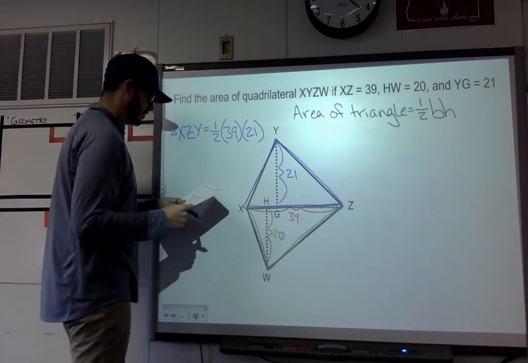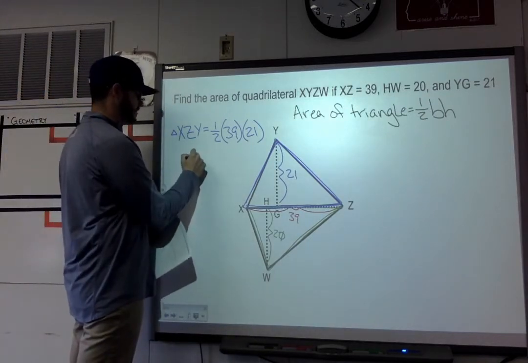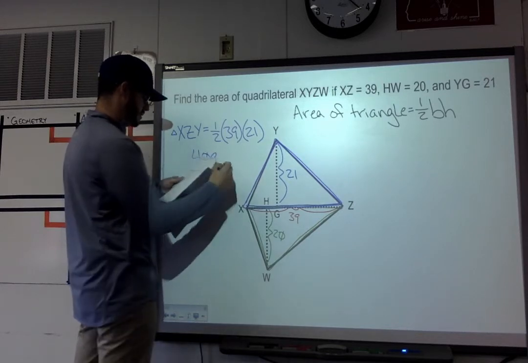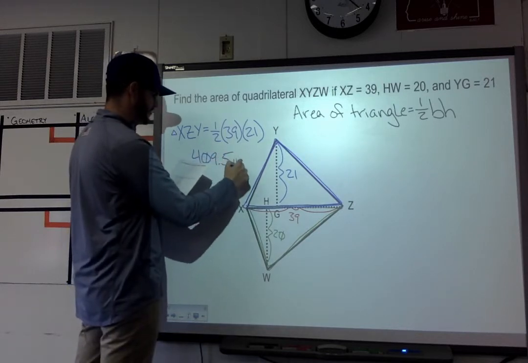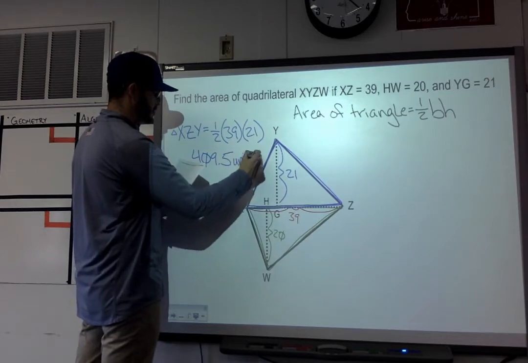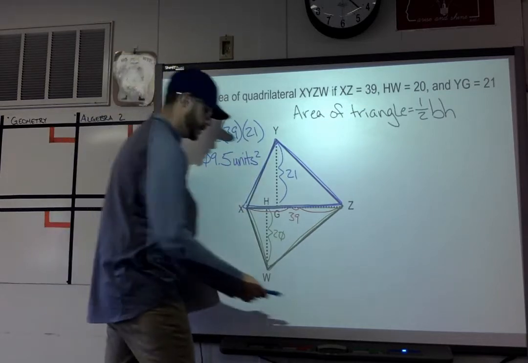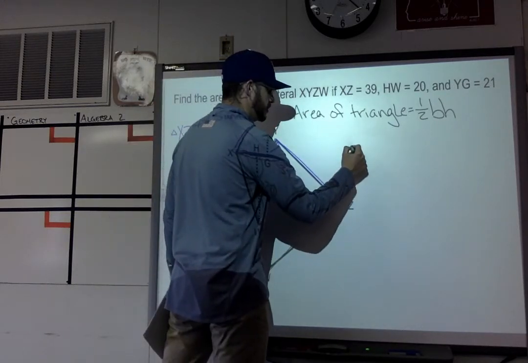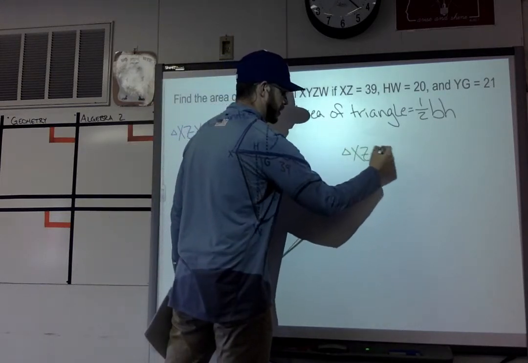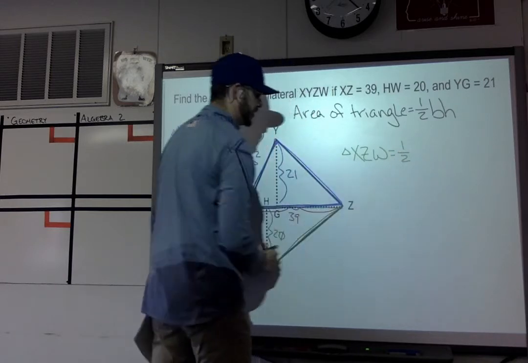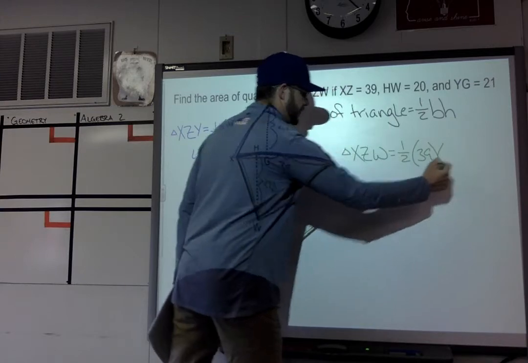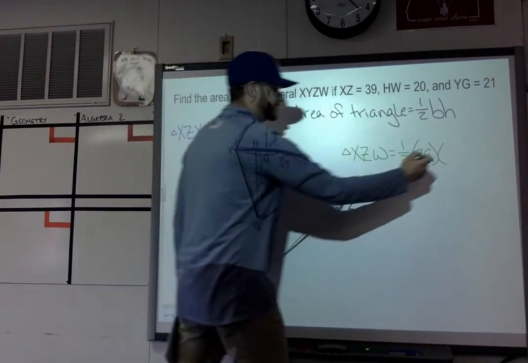When we multiply all of that together, rounded to the nearest tenth, we have an area of 409.5 units squared. Then for triangle XZW, we have an area of 1/2 times the base, which again is 39, times the height, which in this case is 20.